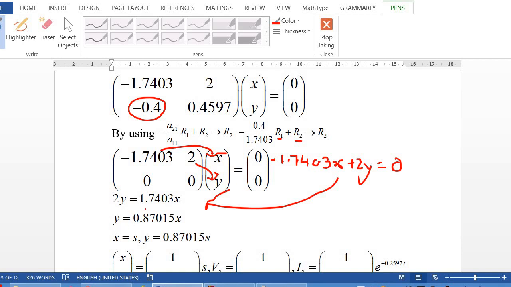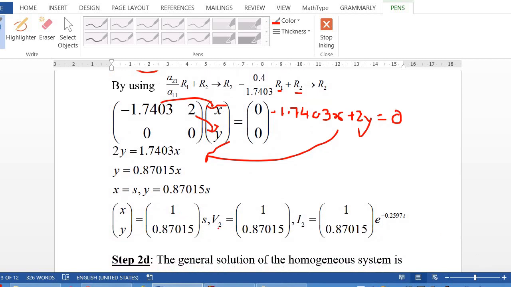So y will be, we divide the right hand side by 2, y equal to 0.87015x. Again, we let the variable at the right hand side equal to s. So x equal to s, hence y equal to 0.87015s. So x is 1s, y is 0.87015s. By letting s equal to 1, you obtain the second eigenvector v2, which is equal to (1, 0.87015). The I2 is actually your v2 times exponent lambda 2 t.